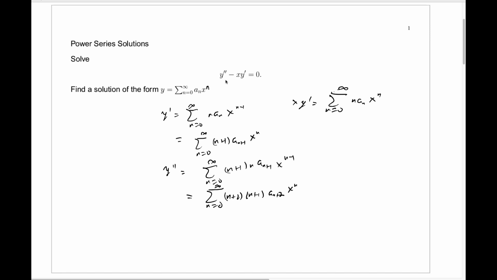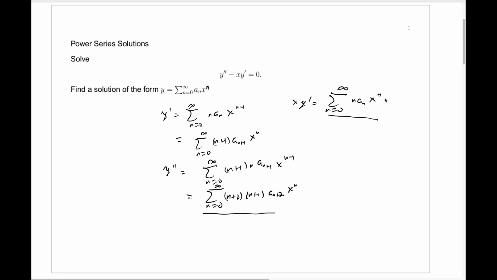The idea is that this differential equation is equivalent to writing y double prime equals xy prime. Here's y double prime, here's xy prime. They're both sums from 0 to infinity, and they both are in terms of x to the n, so we can compare them pretty easily.